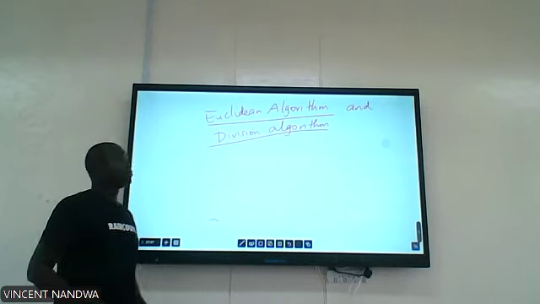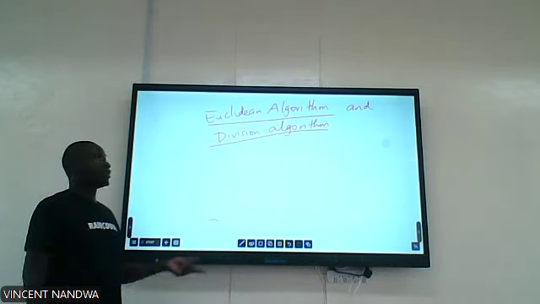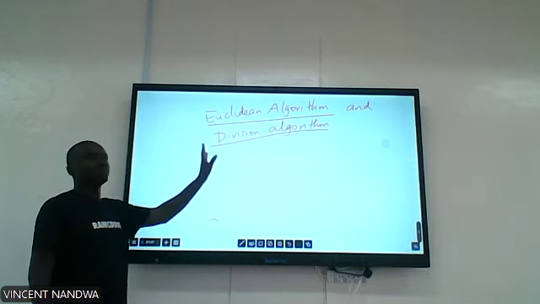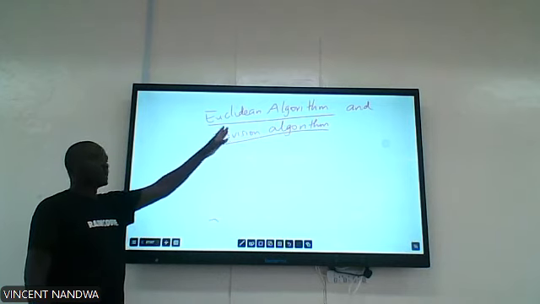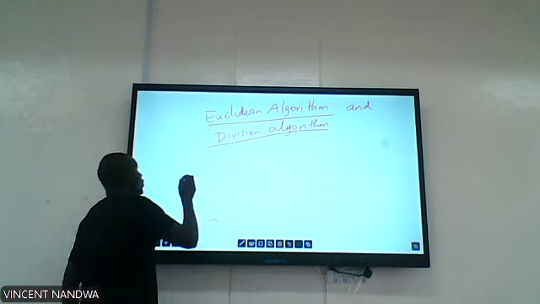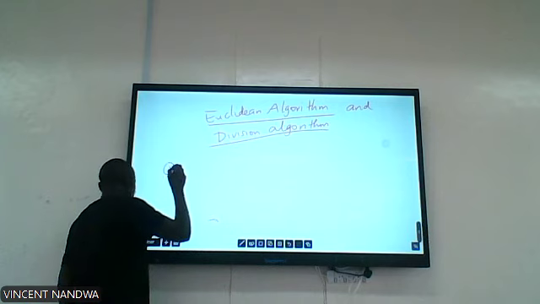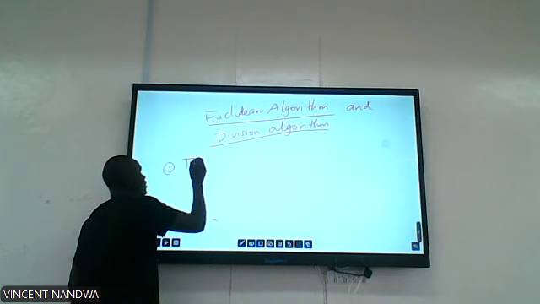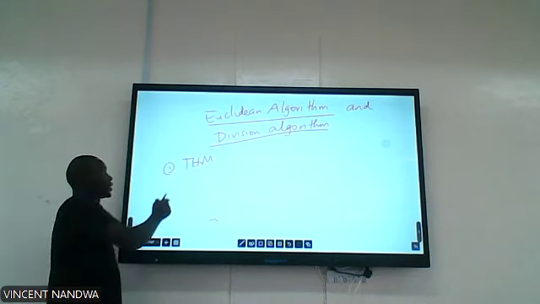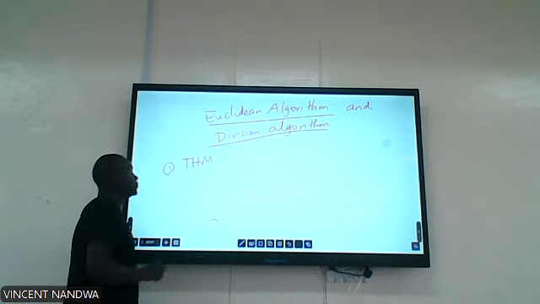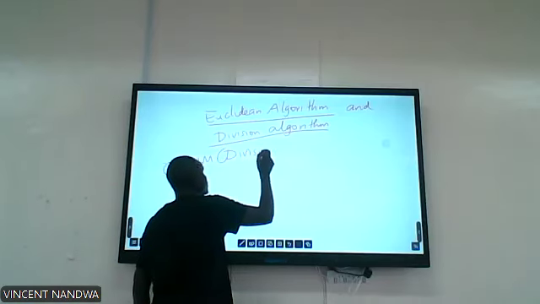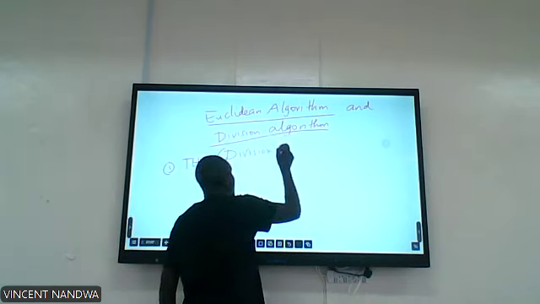Actually, sometimes there is no distinction between the Euclidean algorithm and the division algorithm. Sometimes we give the same interpretation to the two terms. THM will mean theorem, so when I write THM, I mean theorem. So, theorem, we state the division algorithm.